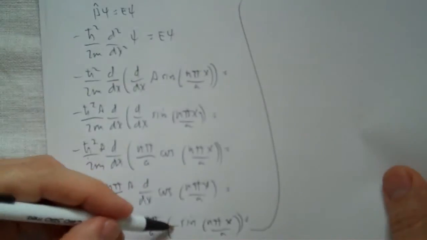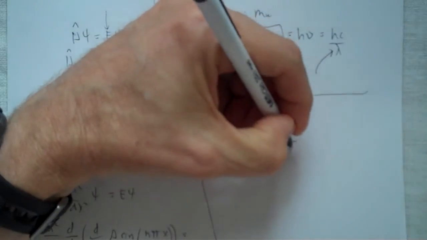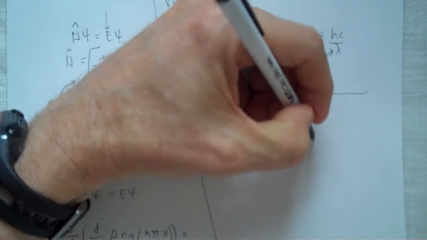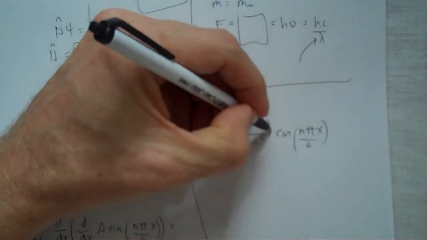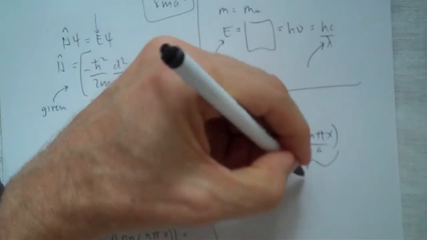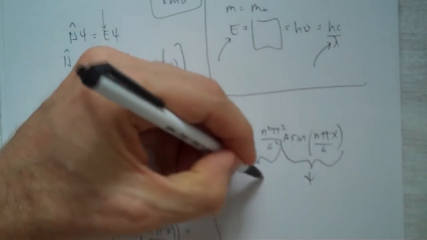And there's a minus here too, so I'll take care of that minus. Sine n pi x over a, times a. I'll put the a right here. And wow, there's my psi, so this must be my e. You can see we're starting to get to something that looks like that.